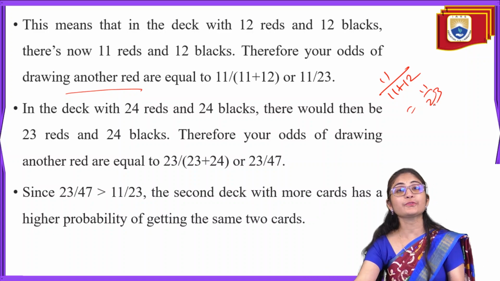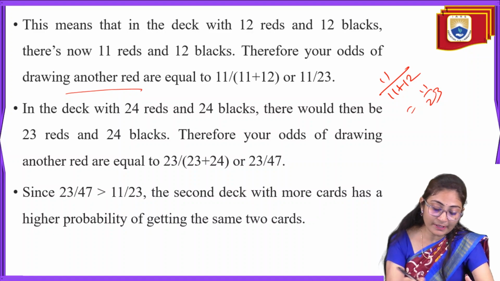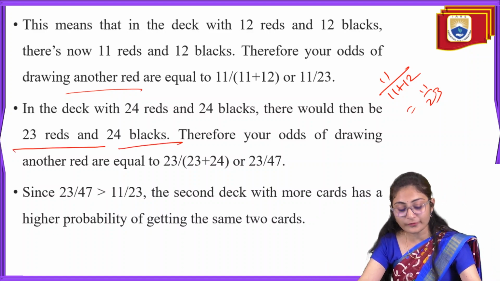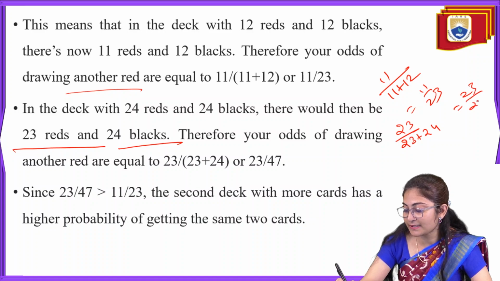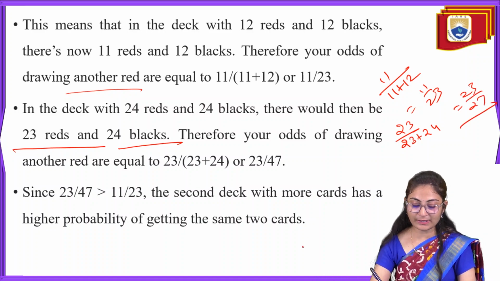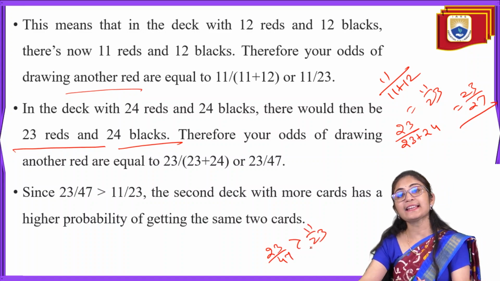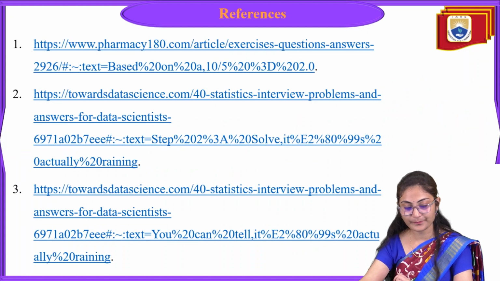Now in the deck of 24 reds and 24 blacks, there would be 23 reds and 24 blacks. So your odds of drawing a red will be 23 divided by 23 plus 24, so 23 by 47. Since 23 by 47 is greater than 11 by 23, the second deck with more cards has a higher probability of getting the same two cards.